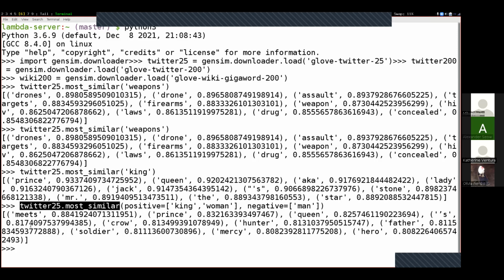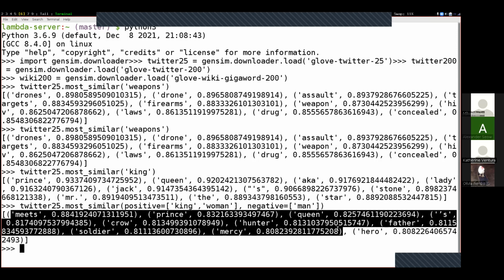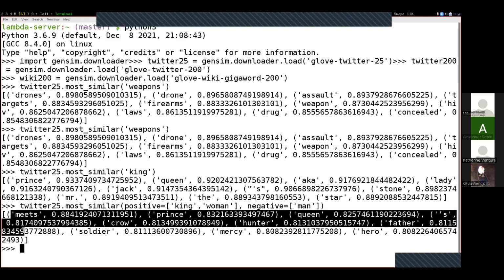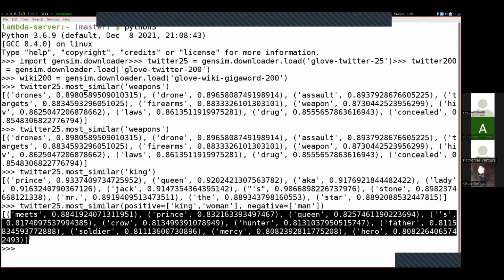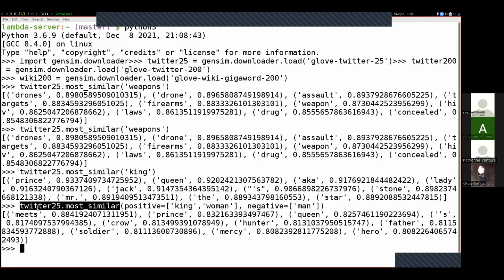Here, with this Twitter 25 model, you can see the results are not super great, that this is not giving us the queen like we hoped for. The reason for that is that this model happens to not be a good model. It happens to not have good word vectors represented inside of it. Again, when we talk about the training of this, we'll get into why that is the case.